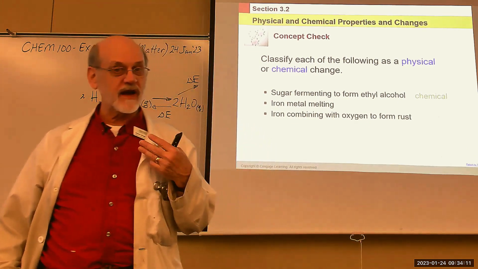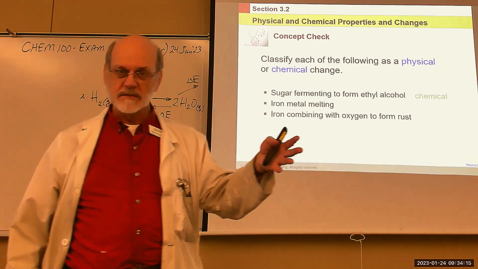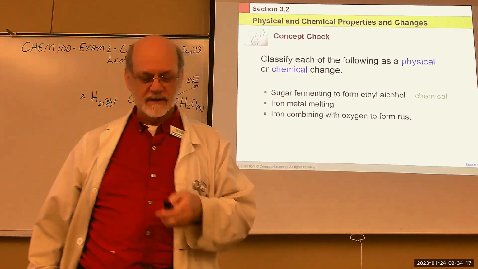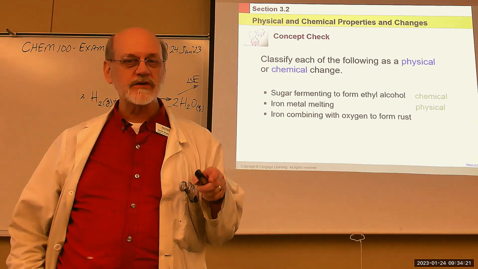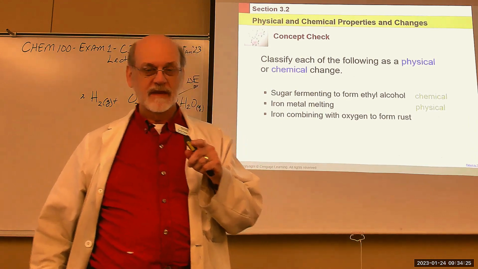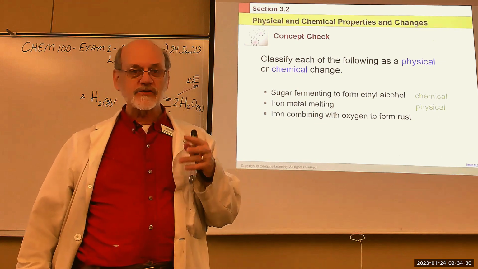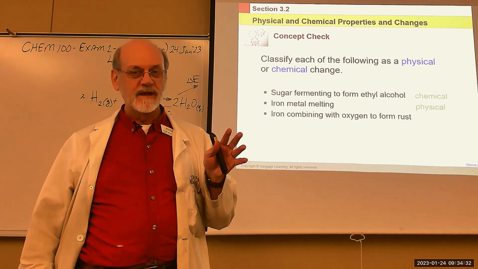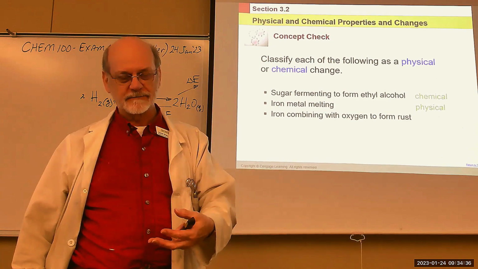The identity of the iron is still there. Now it's just changed its state from solid to liquid. So that's physical. Iron combining with oxygen to form rust. That's chemical. Iron is no longer iron, and oxygen is no longer oxygen. They have formed another compound, another substance called rust.